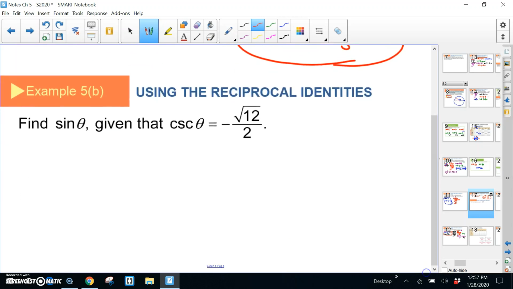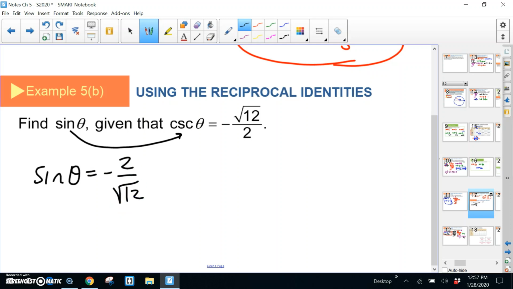Now 5b is a little bit harder because the numbers are harder, but to start with, since these are reciprocals, you should know that sine theta is going to equal negative 2 over square root of 12. That should be pretty obvious, okay? But we just have to do something with that square root of 12. So go back to algebra class. Square root of 12 is square root of 4 times square root of 3, or 2 times the square root of 3. So think about it that way. You can reduce square root of 12 just like you did a couple of years ago.